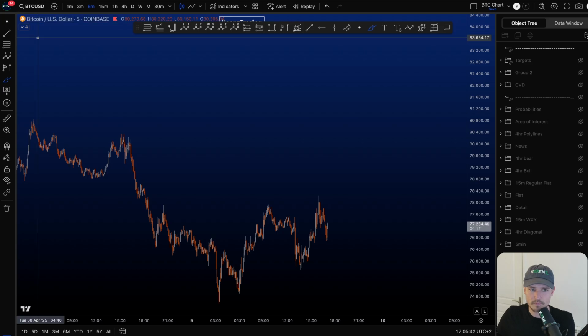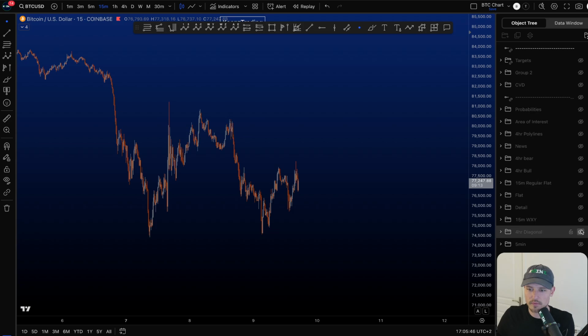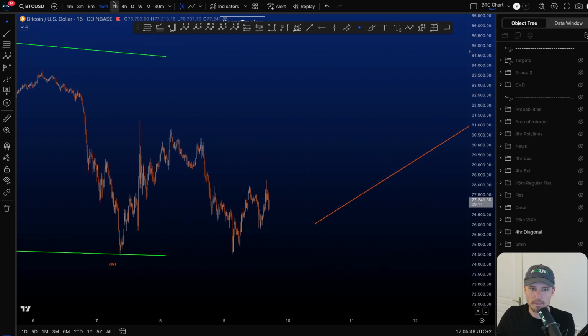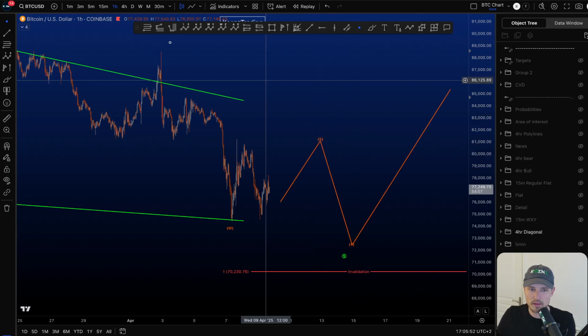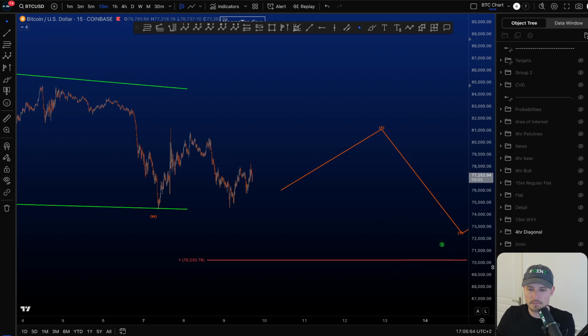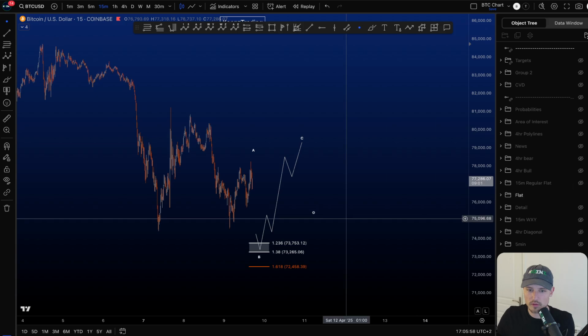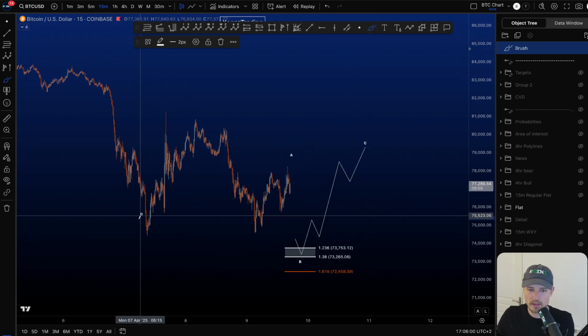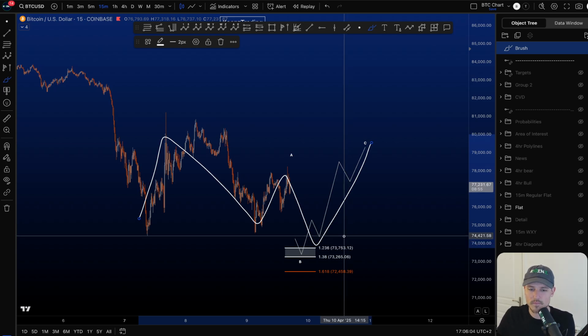Okay. Now that means, if we zoom out again, that inside the diagonal, where we have our wave X, on the 15-minute time frame, we are either looking for a WX, A, B, C, and Y, right?